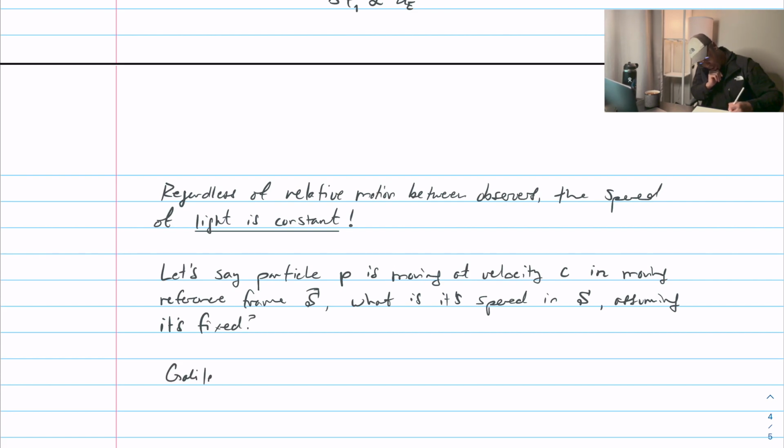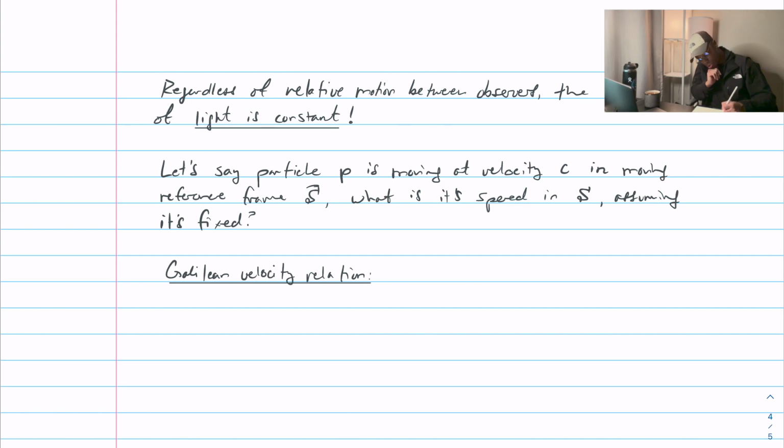If we were to use the Galilean velocity relation, we'd say that the speed of the particle with respect to the reference frame at rest is equal to the velocity of the particle in the moving reference frame S bar plus the velocity of the moving reference frame with respect to the reference frame at rest.